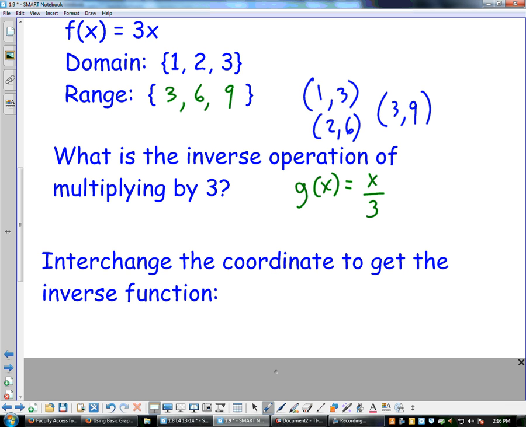Emily C. We want to interchange the coordinates to get ordered pairs on the inverse. So instead of (1, 3), if I plug in 3, I'm going to get 1, and so on. So what are the ordered pairs? We're looking for ordered pairs. (3, 1).